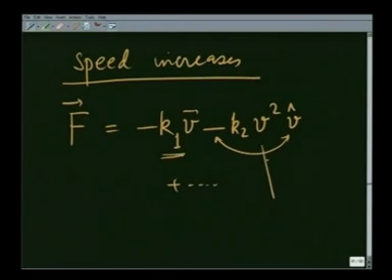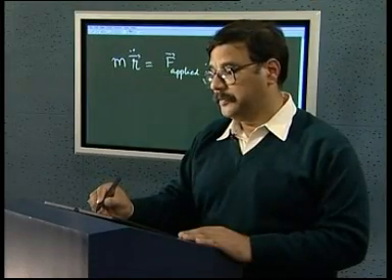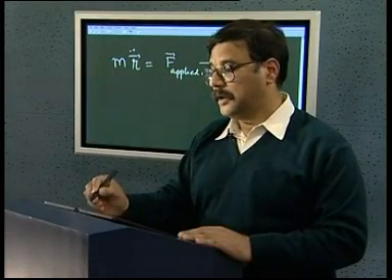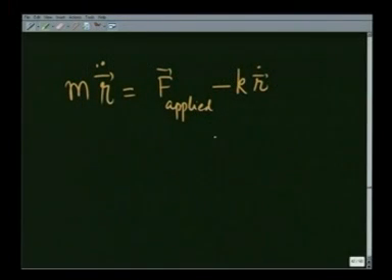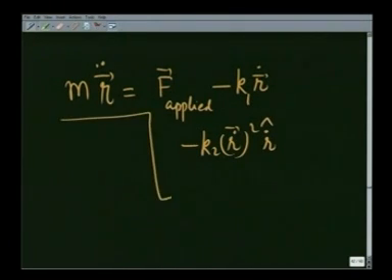When these terms come into play, problem becomes non-linear, because now you have m r double dot equal to F applied minus k1 r dot minus k2 r dot square r dot vector, and these are not easy to solve.